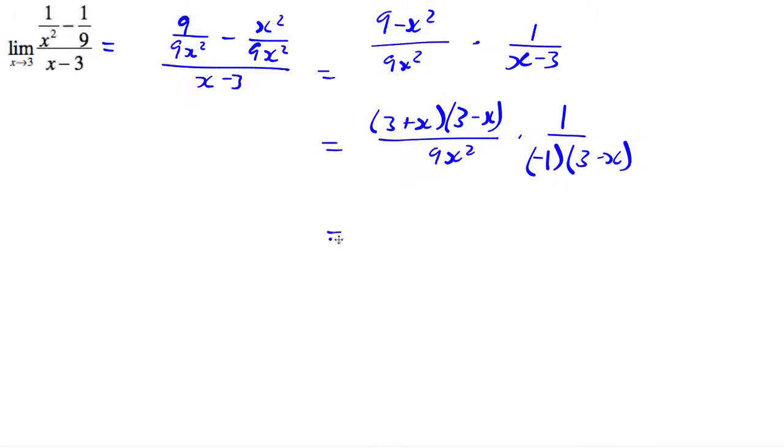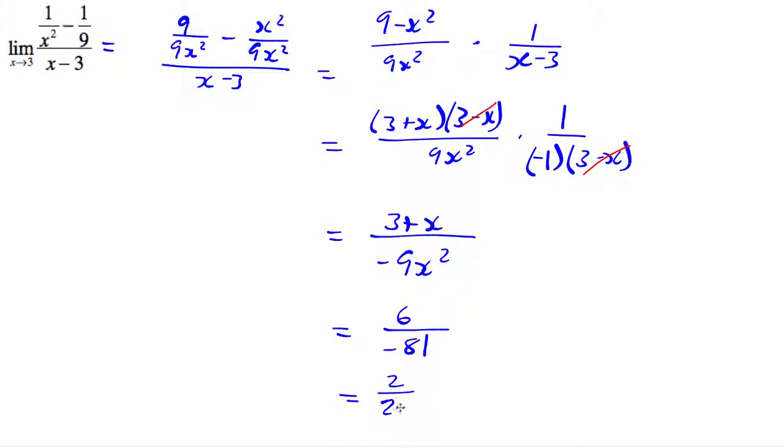Notice those two factors are the same. So I get (3 plus x)/(negative 9x squared) because these factors cancel out. And so I can plug in the 3. So I get 6 over negative 81, which I can reduce by factoring out a 3. I get negative 2/27.